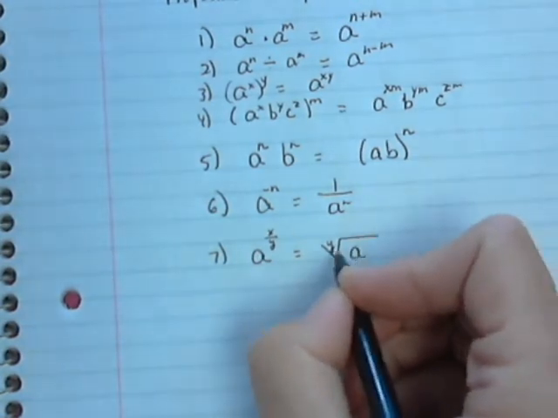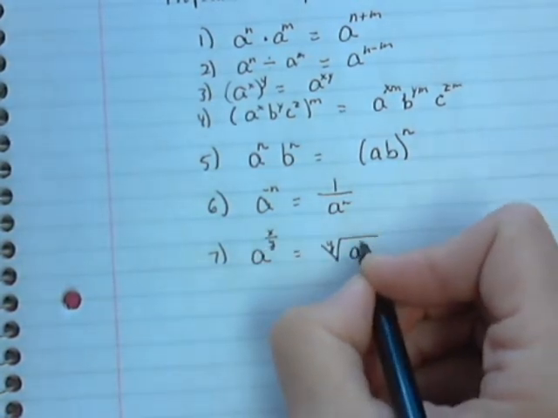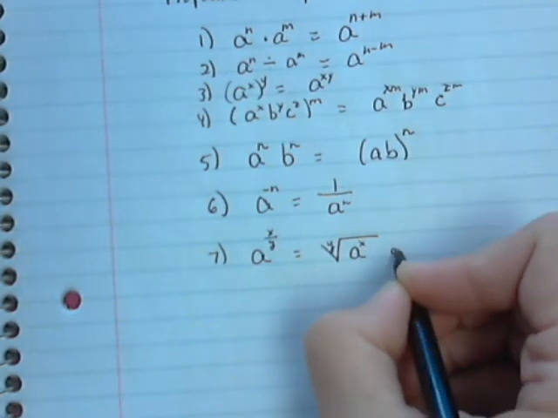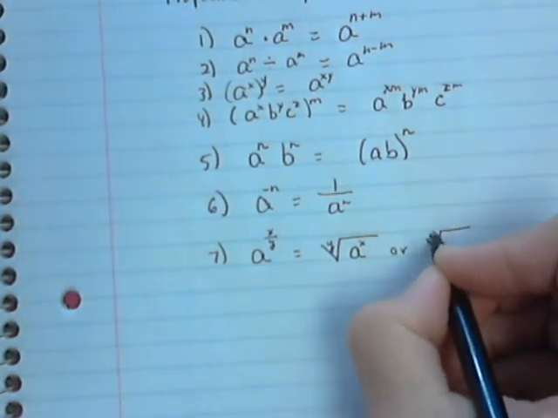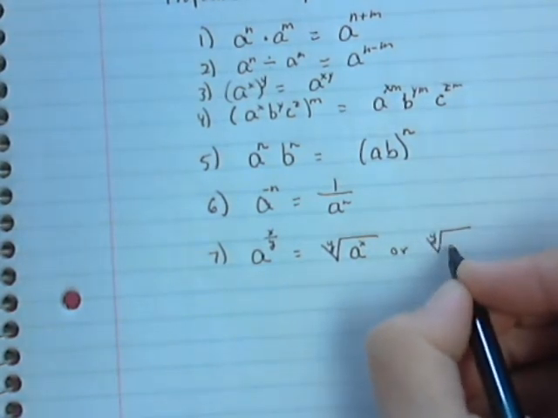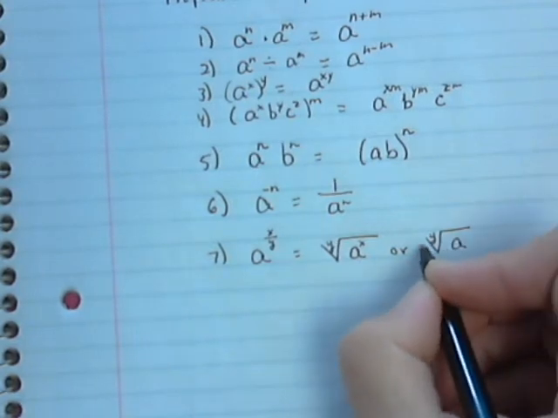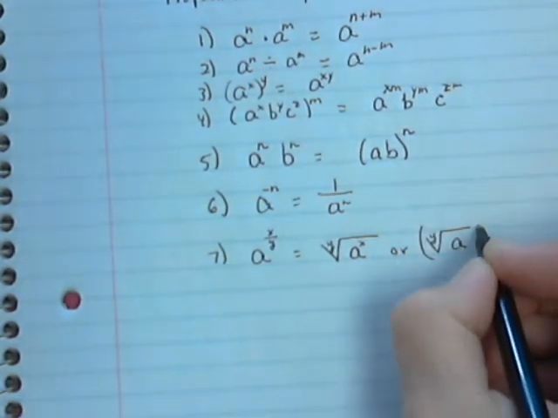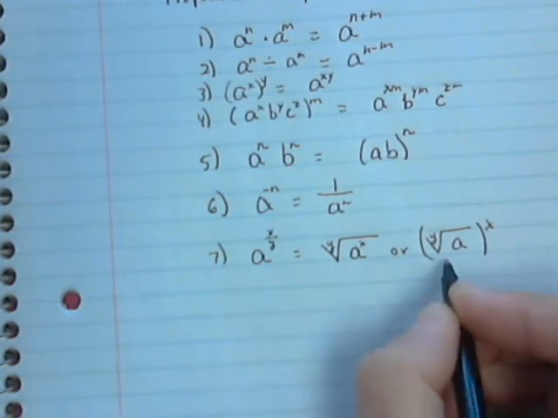The a is the radicand, and you can take a to the x power on the inside, or you can take the yth root of a and take it all up to the x power, either one.